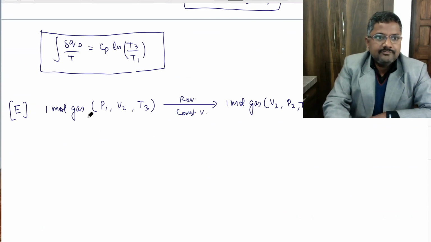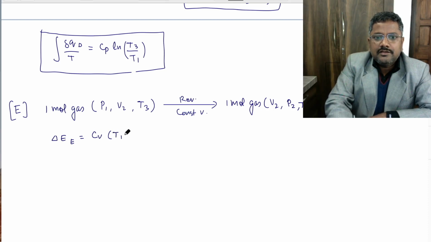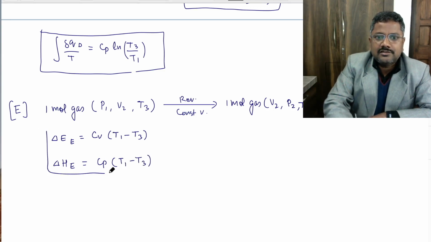So this time delta E is equal to CV (T1 minus T3). Delta H E is equal to CP (T1 minus T3), right?